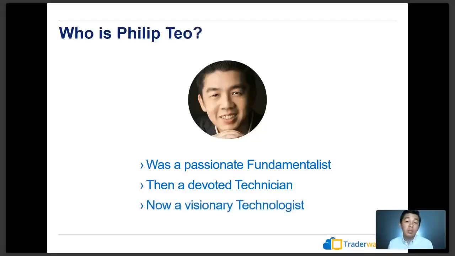I was with OCBC Investment Research for about 7 to 8 years, and subsequently I decided to leave because I really wanted to use my domain expertise in trading and technical analysis, together with technology, to build something that will benefit millions of retail traders out there. That's how I left and started TraderWave.